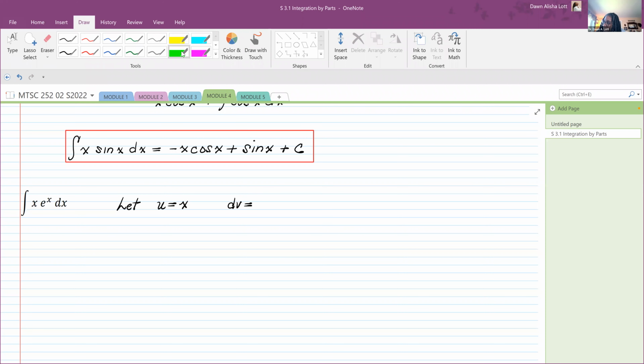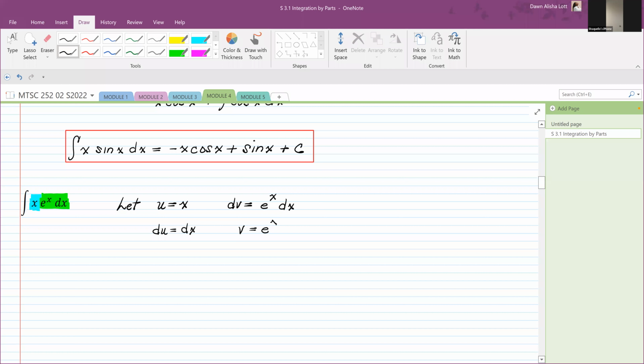Good, the thing that's left. Okay, what's du? That's dx. And the integral of e to the x is what? e to the x. Yes.